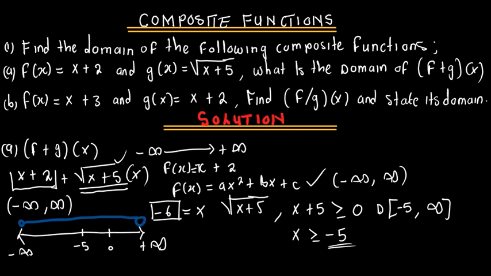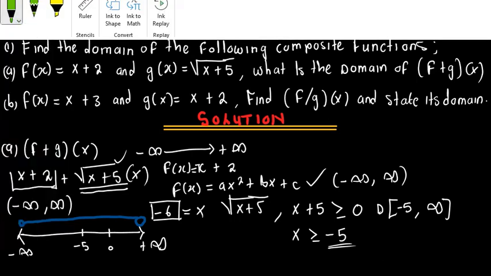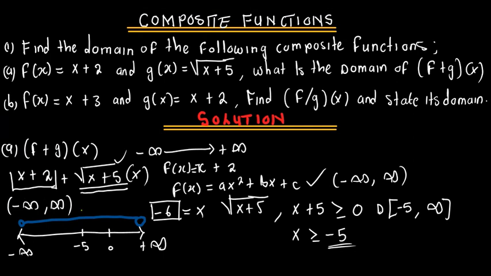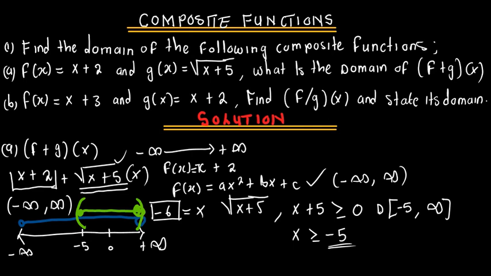But for the second one, let me just use a different color, green. Look at this. It's coming from negative 5 with a closed circle, which means it's included, all the way to positive infinity, where we have an open circle like this. So where these are meeting, that is where the domain is. So in this case, the domain is coming all the way from negative 5 included to positive infinity with that bracket. This is our domain.